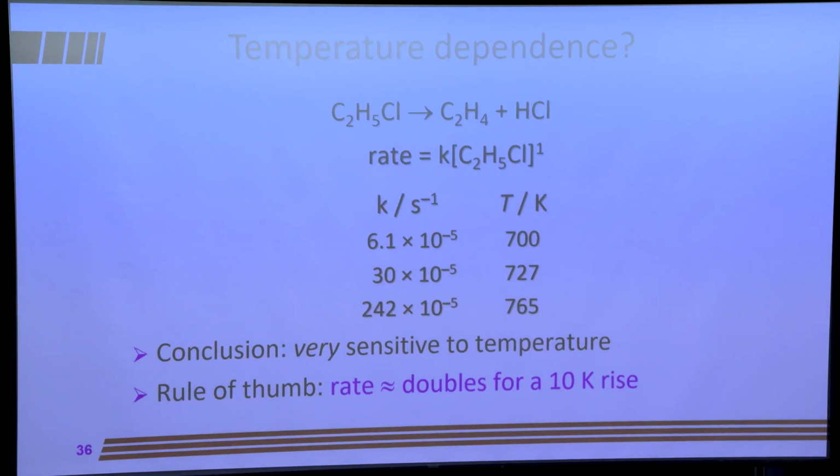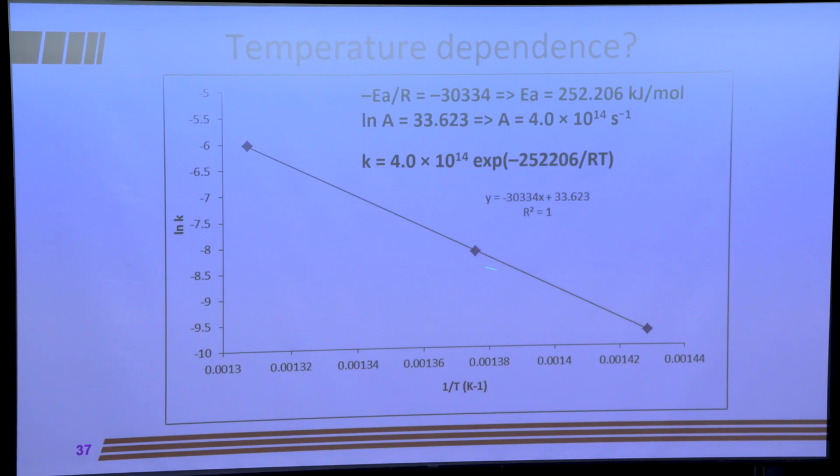Ethyl chloride giving us ethylene plus hydrochloric acid. Okay, and we do that, and we get log of A is 33.6223, and EA is 252.206 kilojoules per mole. Okay, so we have the rate constant is equal to 4 times 10 to the 14, the exponent of minus 252.206 all over RT. Okay, log K versus 1 over T.